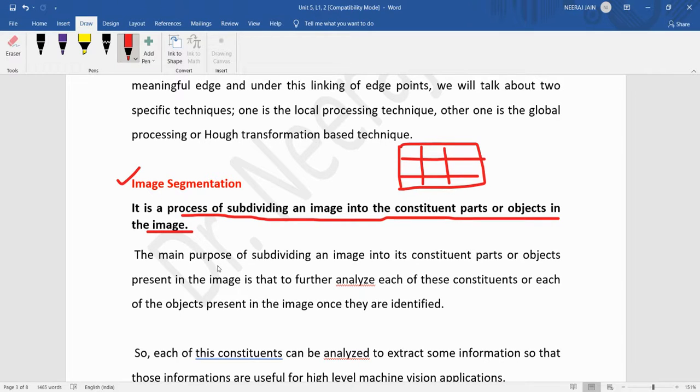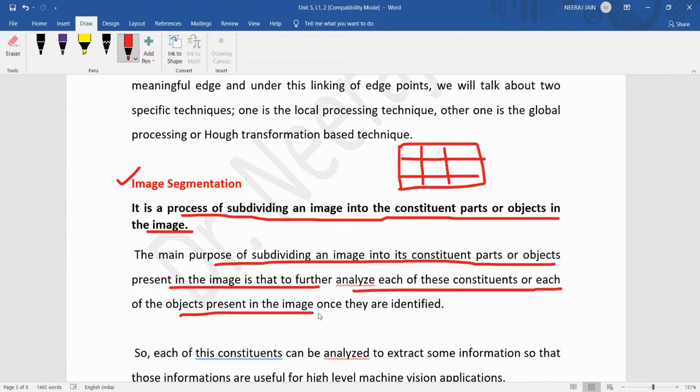The main purpose of subdividing an image into its constituent parts or objects is to further analyze each of these constituents once they are identified.